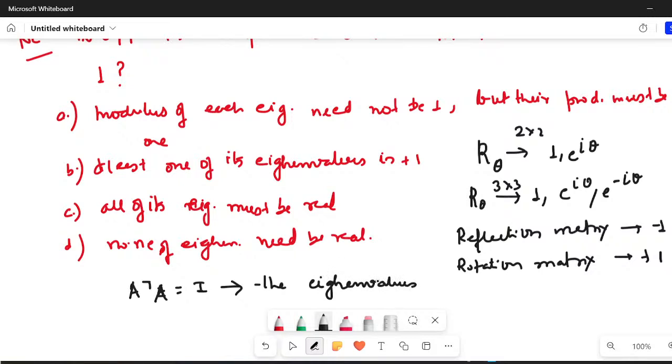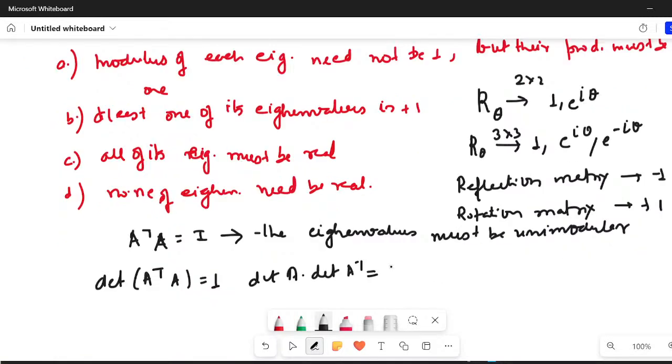If you remember, just before unitary matrices we derived this result: if you have an orthogonal matrix, then the eigenvalues must be unimodular. Determinant of A and determinant of A transpose are the same, so you will get determinant of A whole square is equal to 1.